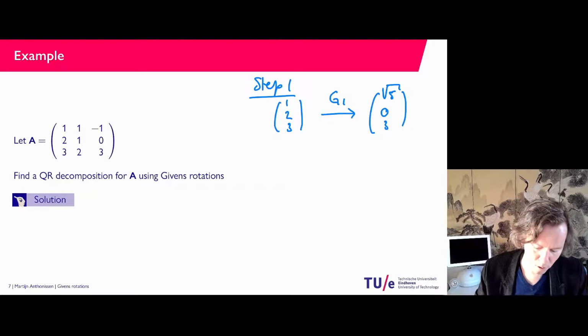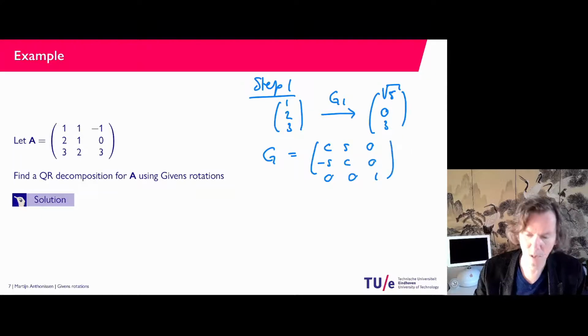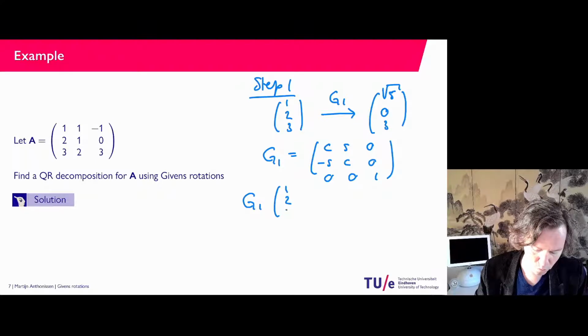Now G1 should be of the form C, S, 0; minus S, C, 0; 0, 0, 1. And then if I do G1 times (1, 2, 3), I would like to find (square root of 5, 0, 1).